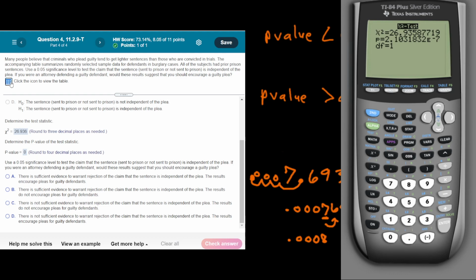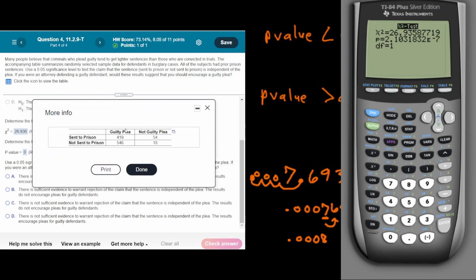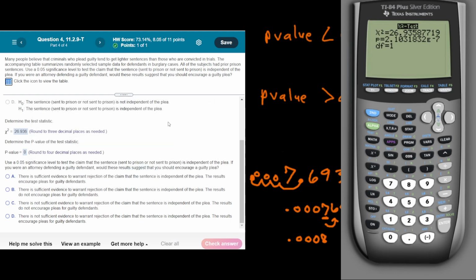Let's look at this. So we have 2 categories. Either they're going to accept the guilty plea or not, or they're going to be sent to prison or not. So we're testing if there's no distinction between the two. So we just figured out that they are dependent upon each other.